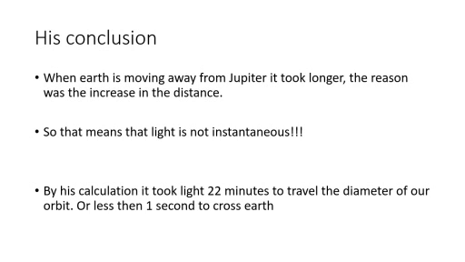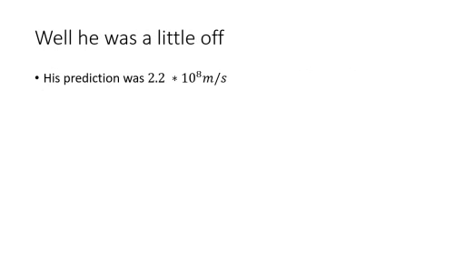So from one side of our orbit to the other, he said it would take 22 minutes. He also said it would take less than a second to cross Earth, which, you know, he was a little bit off. His prediction was that it was about 2.2 times 10 to the 8th meters per second. So that's how fast light is. Very, very fast.